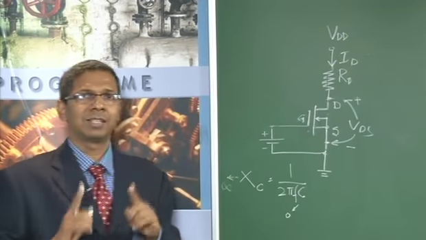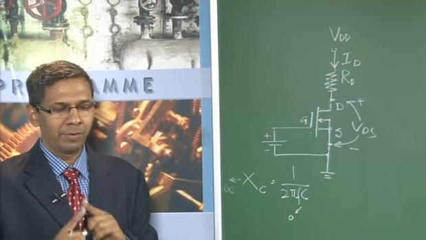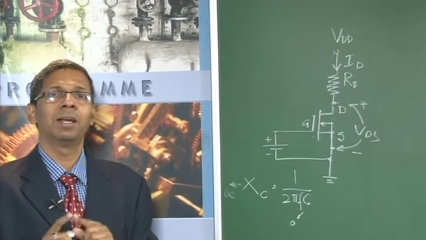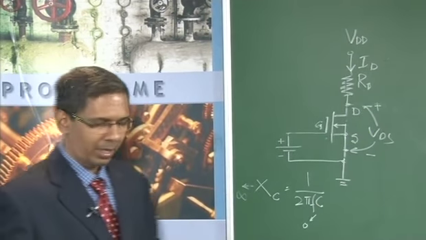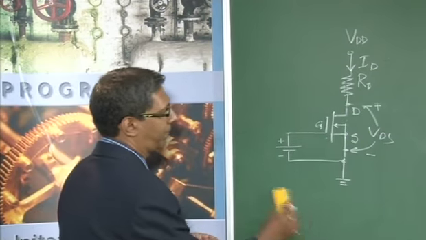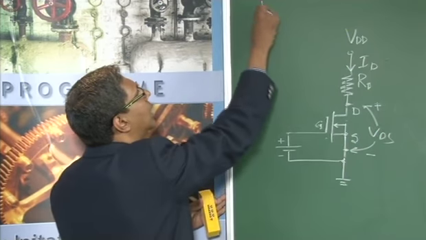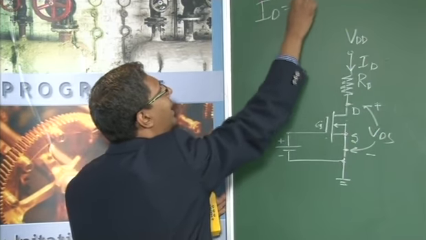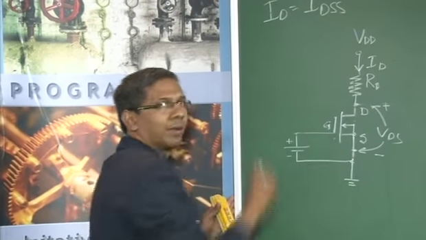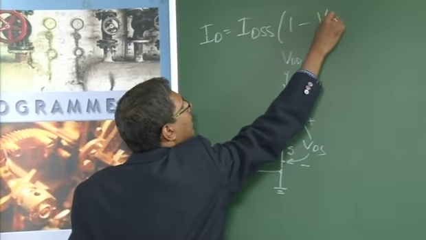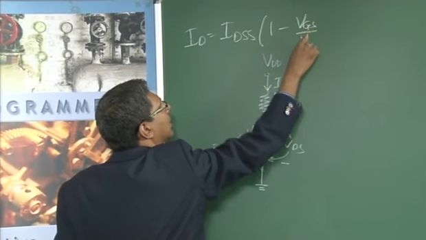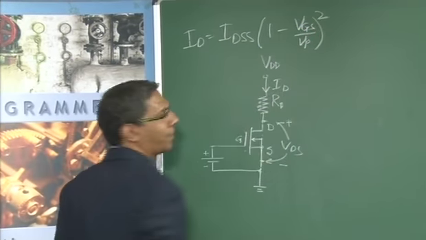If you remember the equation for the depletion MOSFET, I wrote ID is equal to IDSS into (1 minus VGS upon VP) whole square.